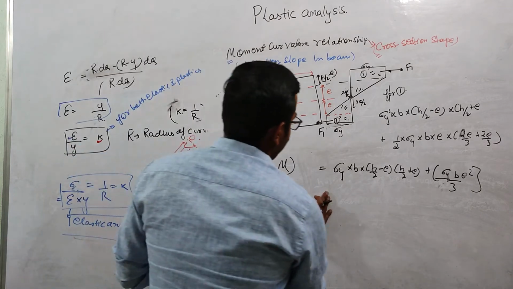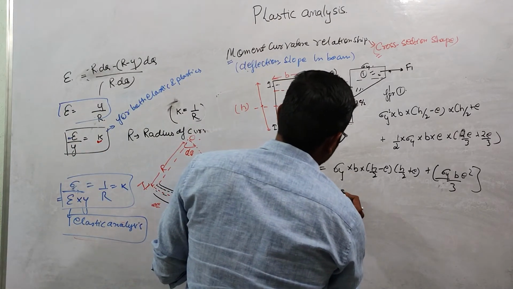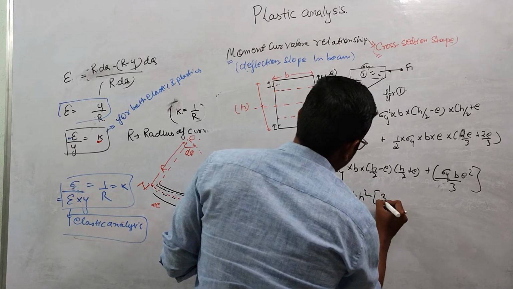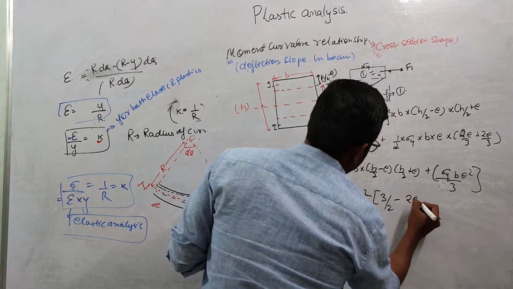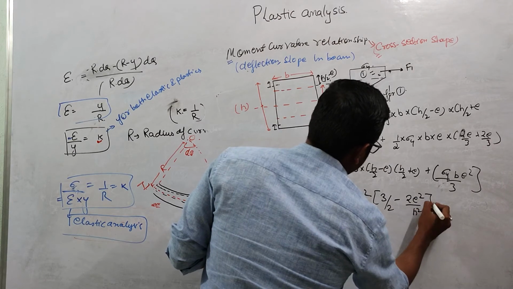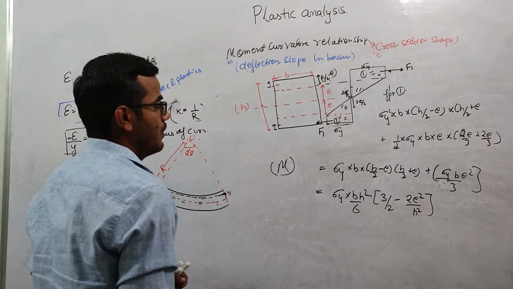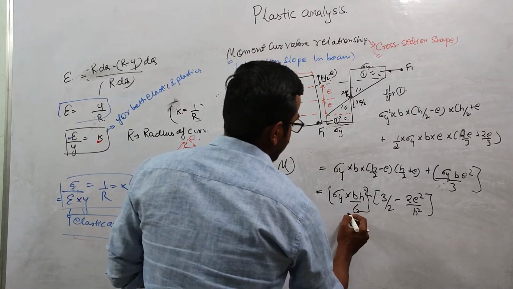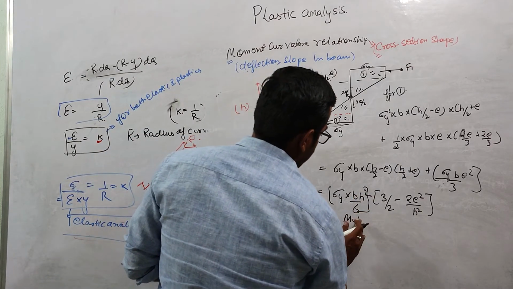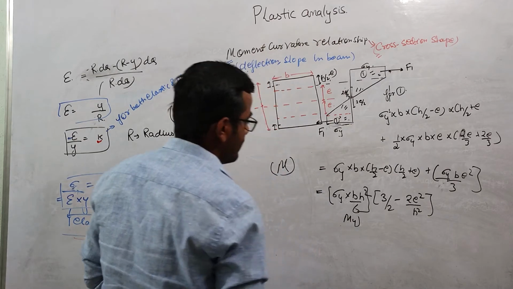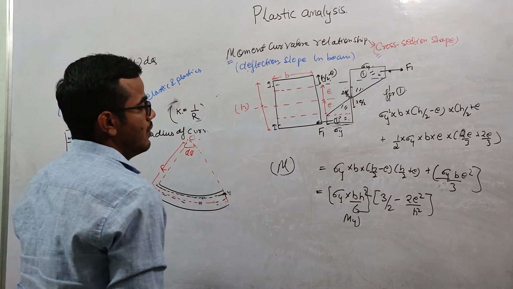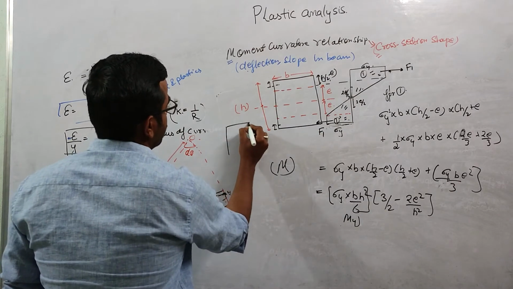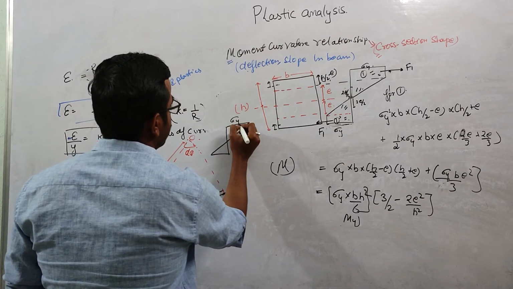If you solve this and rearrange the terms, you get this value. This term is nothing but our My. What I mean is this is for the case when your extreme fiber has just yielded.